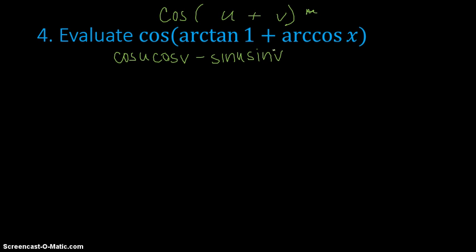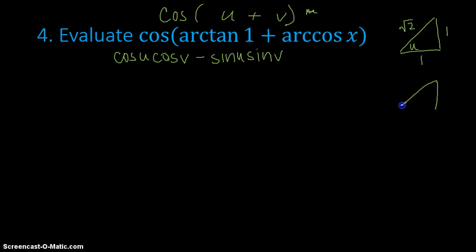So just like in the last one, in order to know these, I'm going to need to draw my triangles. This says nothing about where each angle is, so I'm just going to draw a triangle. This is for angle u, so this is for the first one. It says arc tangent of 1, so that means I do tangent and my answer is 1, so that would be 1 over 1, which means this side is the square root of 2.